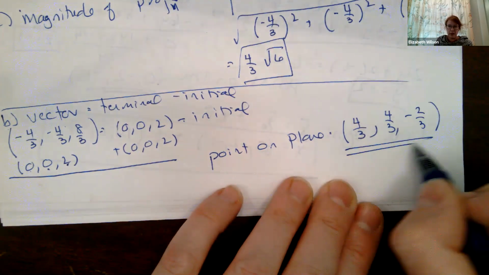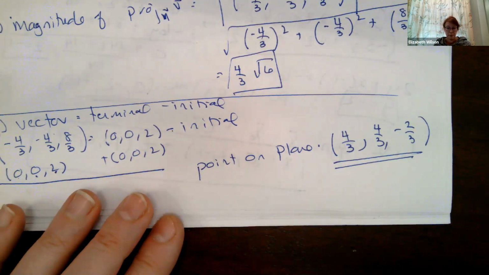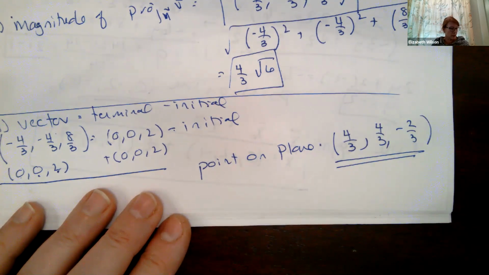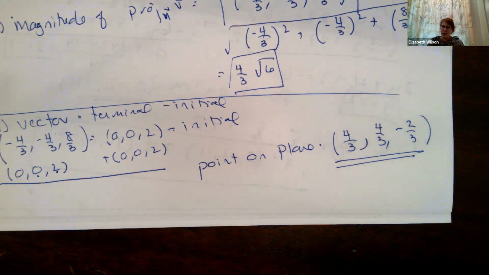So this is the point on the plane that's closest to the point off the plane. It's basically this distance away. Okay, that's a lot of steps. I like that second method better, but you'll see why in just a minute.